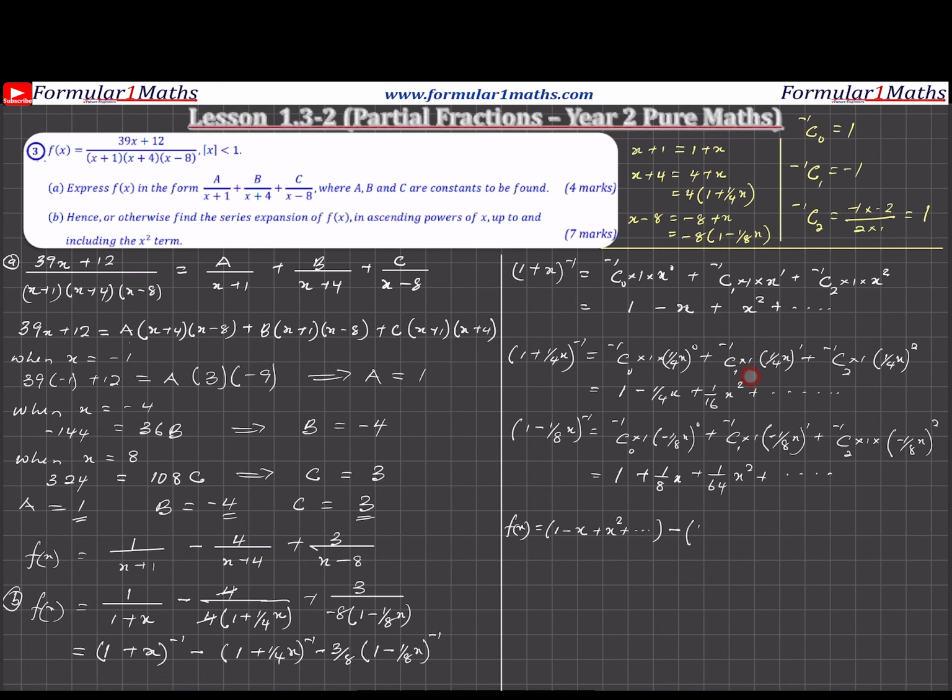So that will be 1 minus 1 over 4x plus 1 over 16x squared. Then we have a minus here, so minus 3 over 8 brackets, and then we are going to replace all that with this. So I have 1 plus 1 over 8x plus 1 over 64x squared.